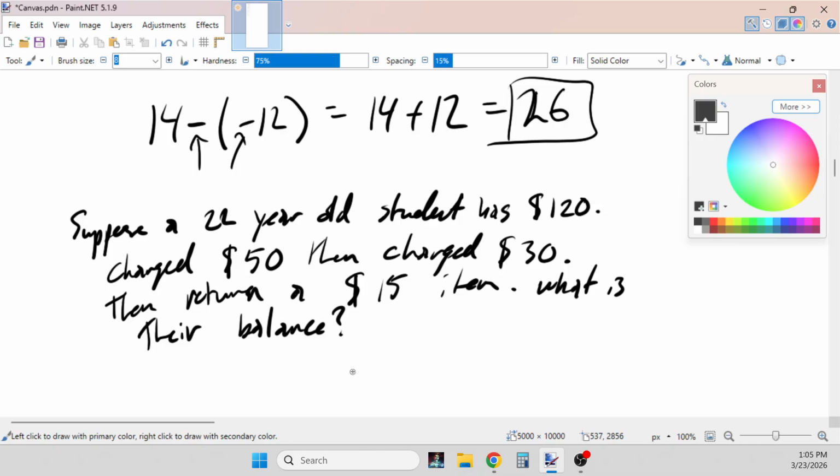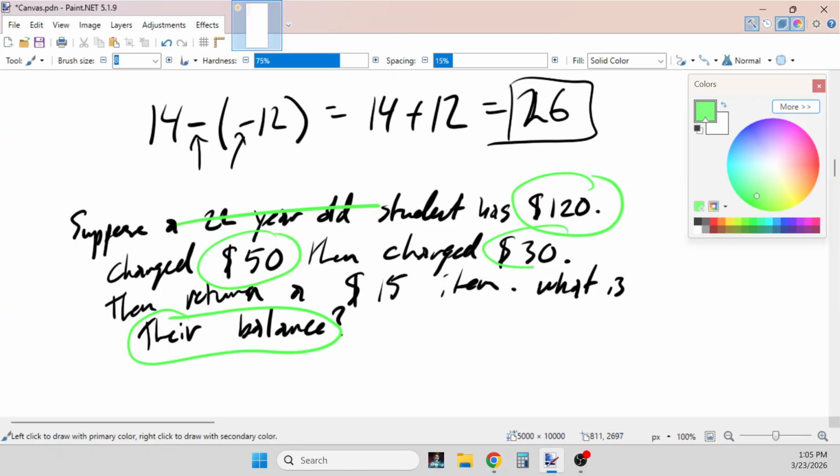Well, we want to know what the goal is. We want to know what the balance of the account is. So then we're going to go through and say what information is useful. Age is not, starting balance is, anything that changes the balance is, and then it's important to know which balance changes are going to be positive and which ones are going to be negative.